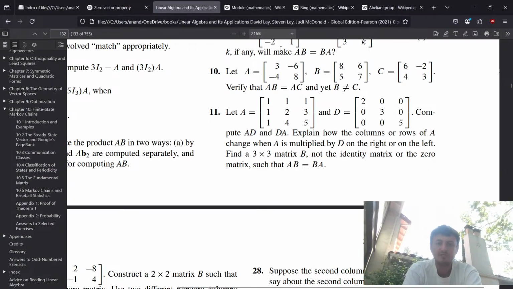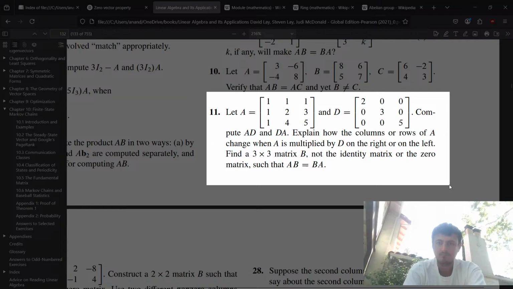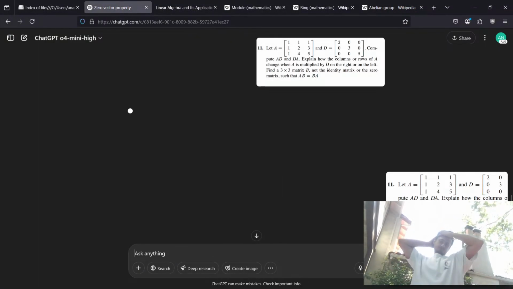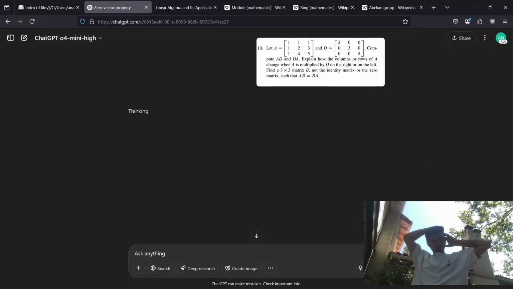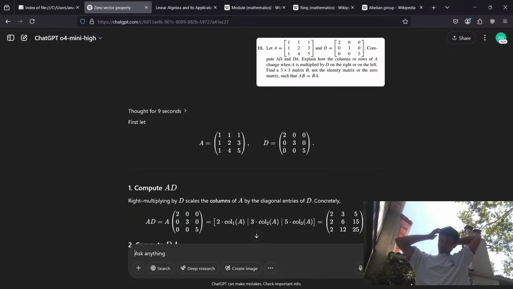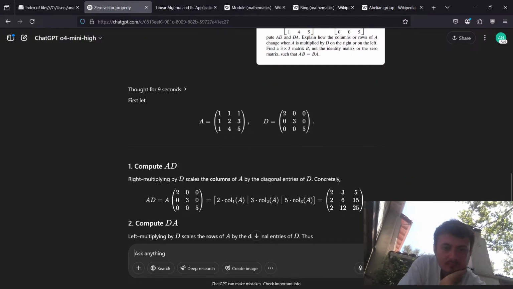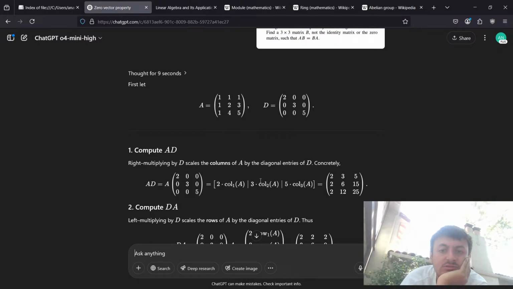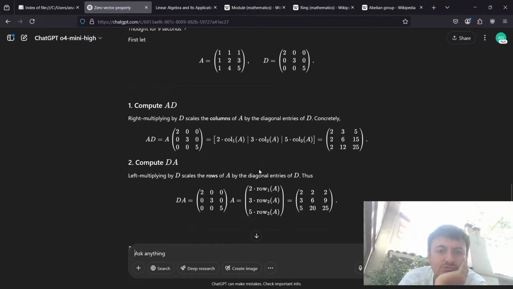Okay, I'm calling in the big dogs. I'm asking for help. Right multiplying scales the columns, yeah. Left multiplying scales the rows.